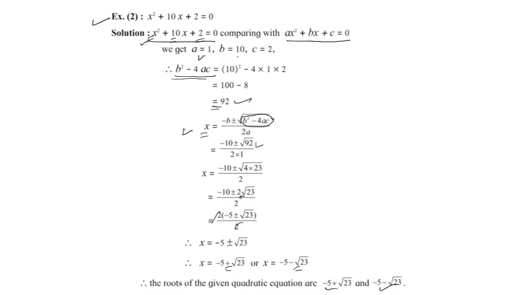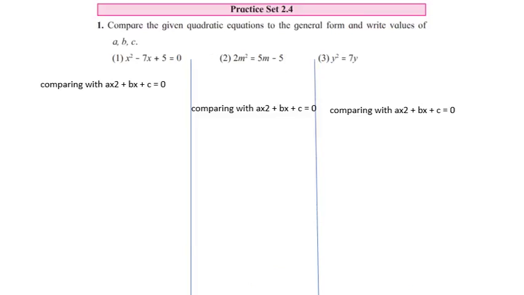Now let us solve practice set 2.4. See question number 1. The question says: compare the given quadratic equations to the general form and write the values of a, b, c. That means we have to find the values of a, b, c. These are the three quadratic equations: first, second, and third. First, we have to compare this given quadratic equation with the standard form.